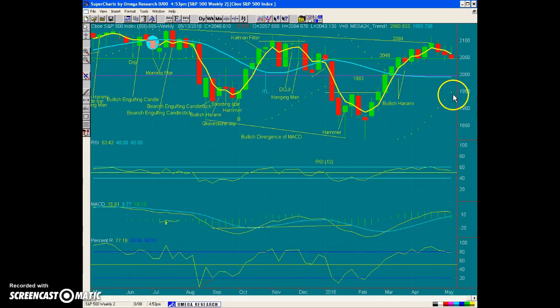The parabolic is continuing to be below the most recent bar, so there's no signal here to reverse the trend, which is up according to the relationship of the Kalman filter to the instantaneous trend line. On RSI 12, we're still above the 50% line.